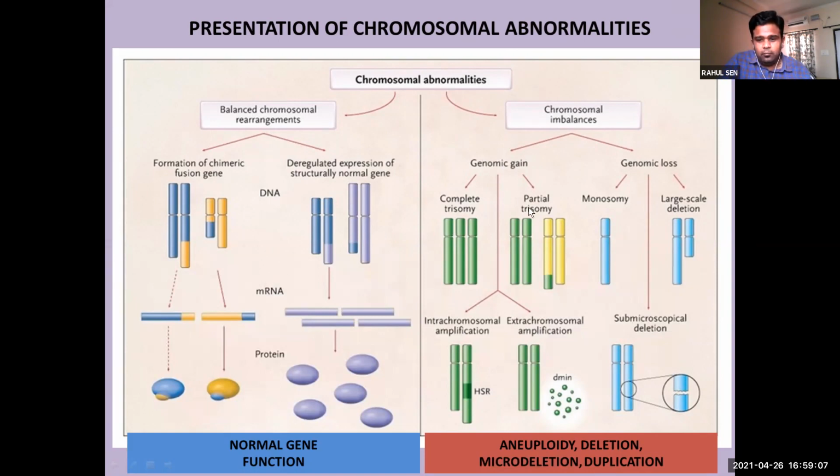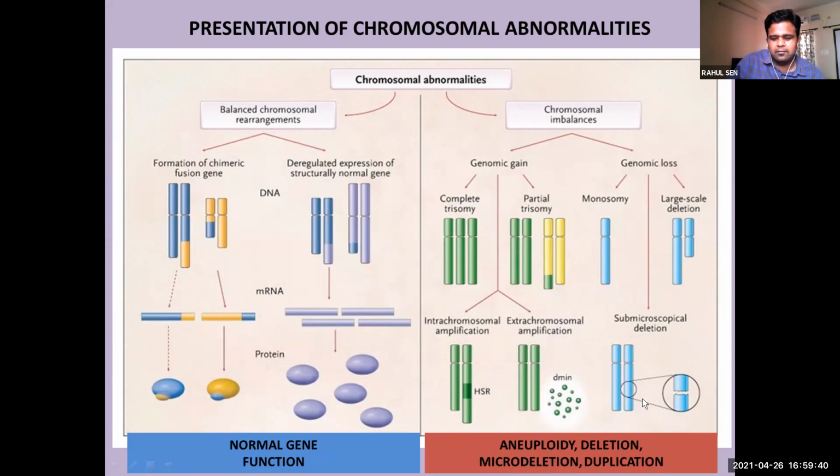And in abnormal situations, most of the imbalances seen can be due to the gain of an extra set of chromosomes, gain of a partial set of chromosomes, loss of a set of chromosomes, or loss of a part of a chromosome, and it can be due to improper amplification, or it can be due to the deletion of a portion of a set of chromosome.